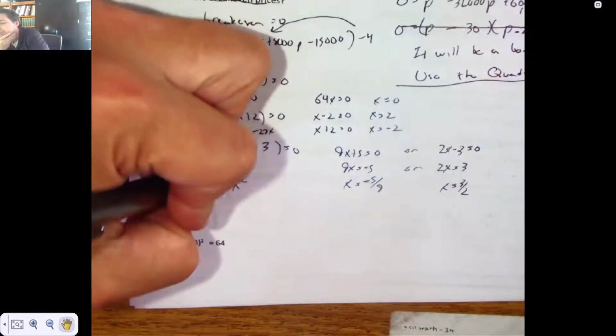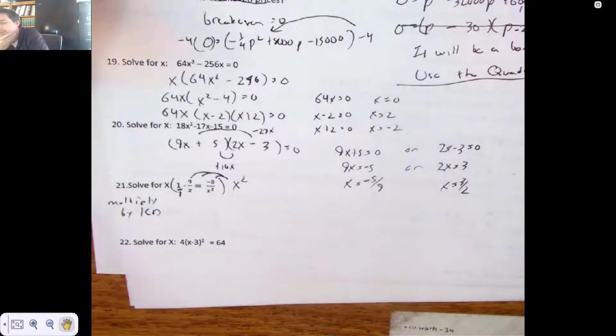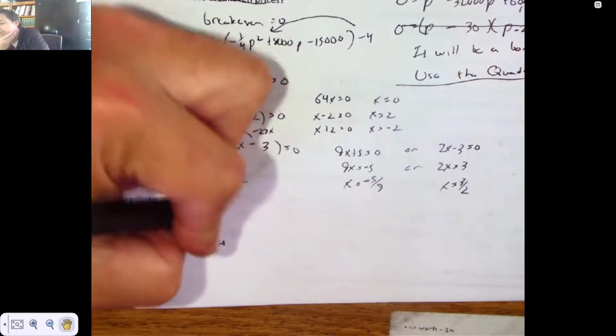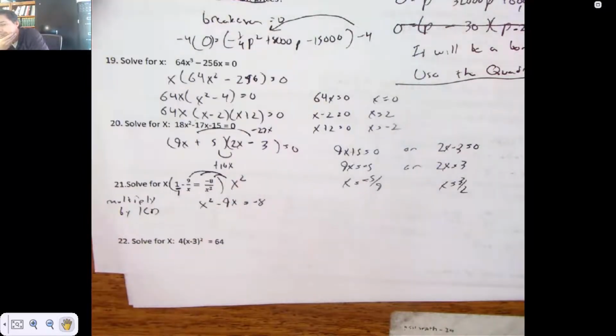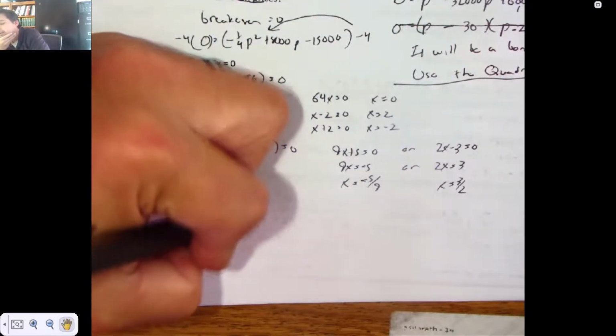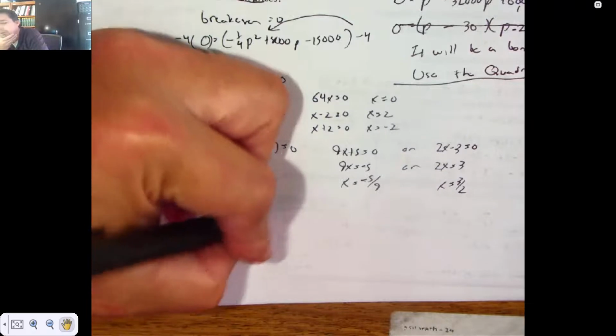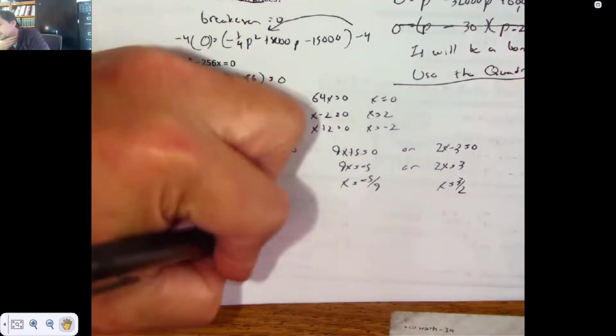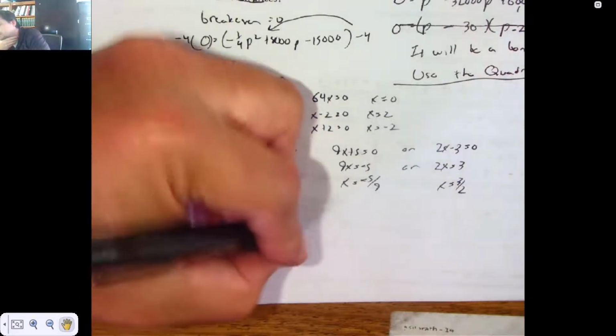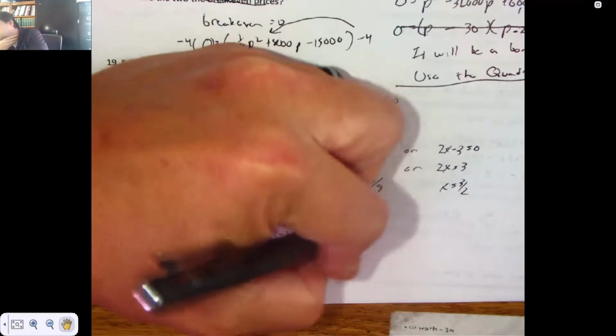Really funny to say it like that. Distribute x squared to everything. You'll have x squared minus 9x equal to negative 8. You'll add 8 to both sides, and then you will factor. It seems to me that negative 8 minus 1 is negative 9, so that's how it factors. My x values are 8 or 1.